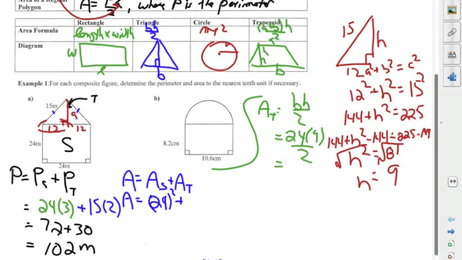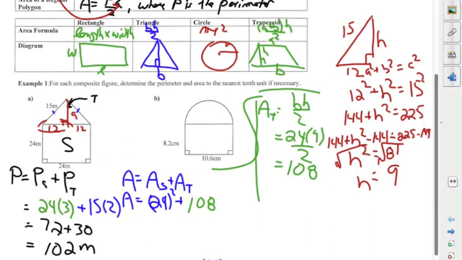So that gives me 12 times 9, which is 108. Why would it go 24? It's 24 times 9 divided by 2. Yeah, 24 times 9 divided by 2 is the same as 12 times 9, which is 108. So I have that calculation off to the side. So here, actually, 108.